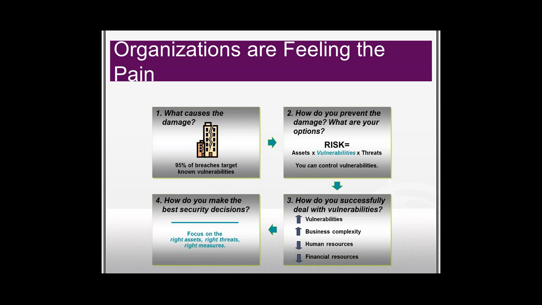And the fourth thing is, how do we make the best security decisions based on what we know, based on the risk and the risk platform? How do we make the choices on what to fix or deal with as far as the vulnerabilities are concerned? Do we need more data? Do we need more information to make decisions? We're going to talk about those various things. Next slide.